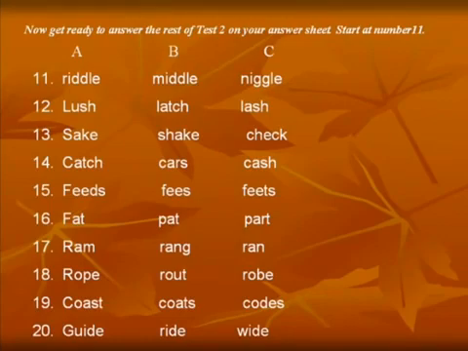Fields. Number 16. Fat. Number 17. Rang. Number 18. Route. Number 19. Codes. Number 20. Guide.